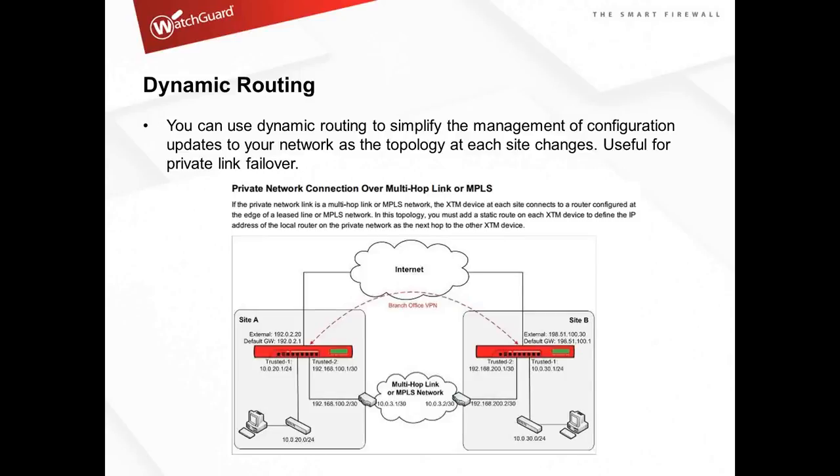So when we talk about dynamic routing, which slipped into the agenda, I just want to briefly talk about that. One of the drivers behind dynamic routing was really to be able to have that MPLS failover where we spin up a branch office VPN. So here in the picture, let me just bring up a drawing tool real quick.